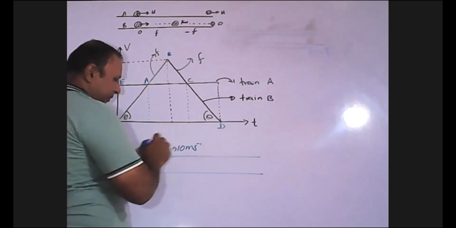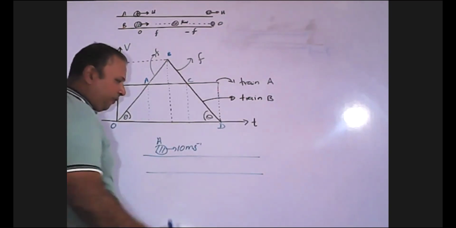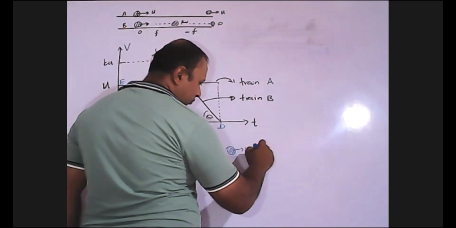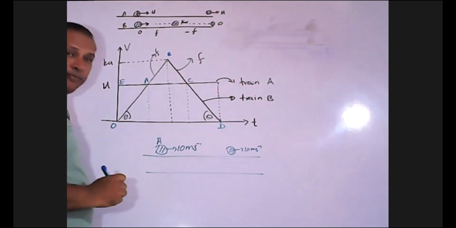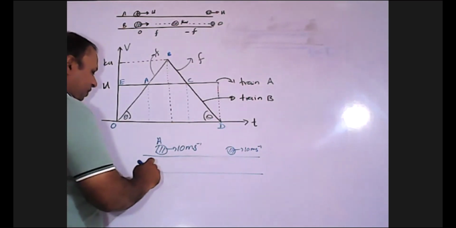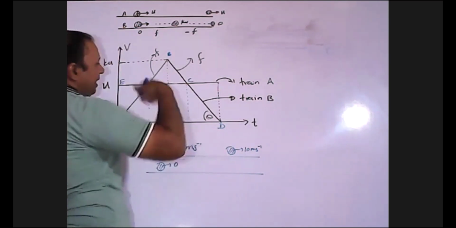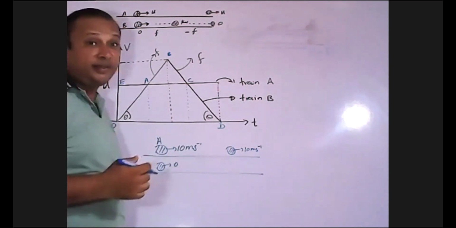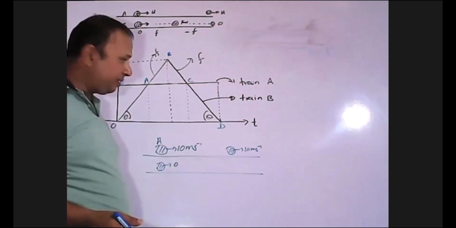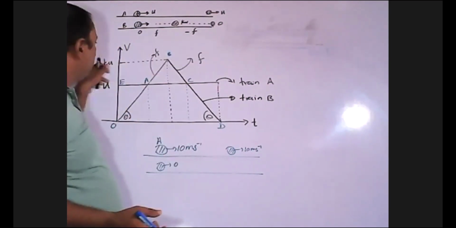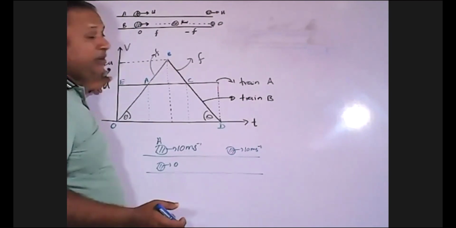That means A is moving with a velocity of 10 ms minus 1. And initially B has a velocity of 0 and it has a constant acceleration.